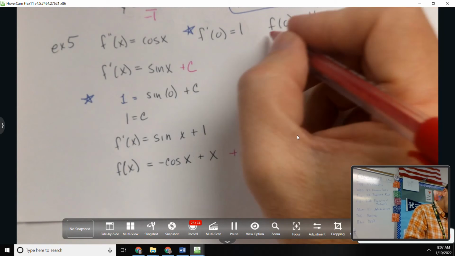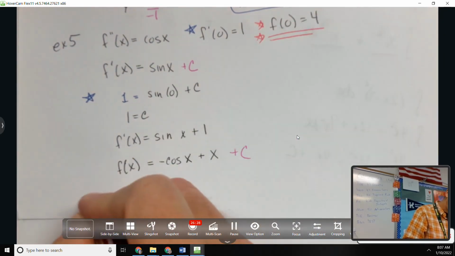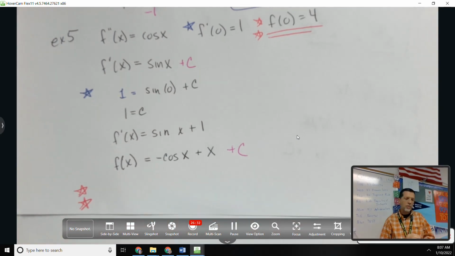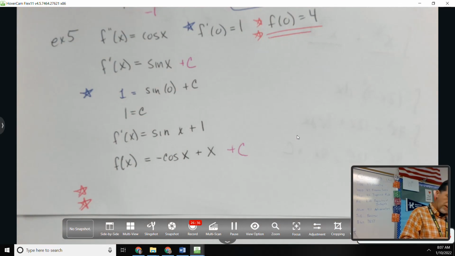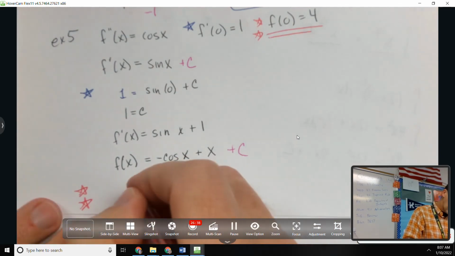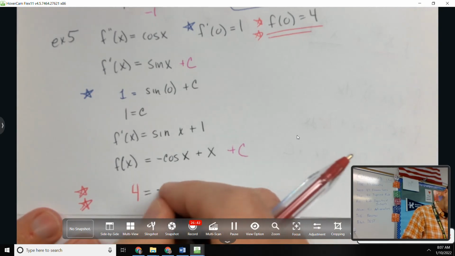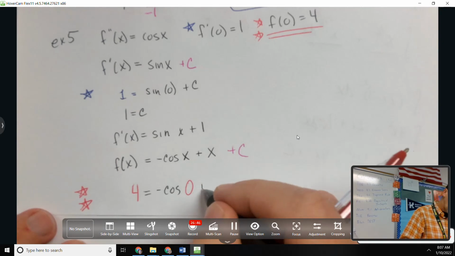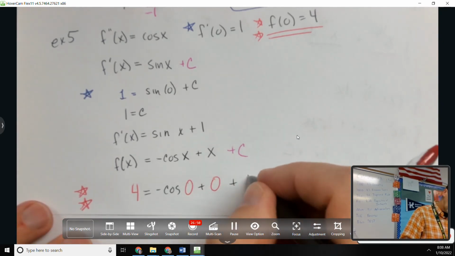And they told us f of 0 is 4. So if I use that piece of information, f is equal to 4, the y value is 4. When x is 0, negative cosine of 0 plus 0 plus c.